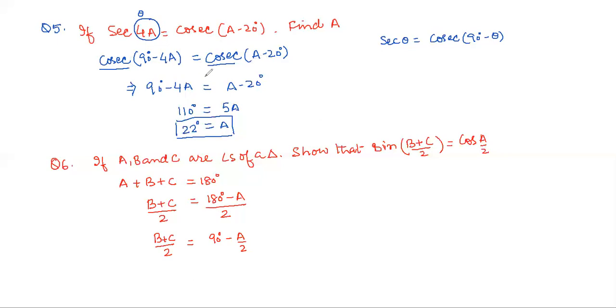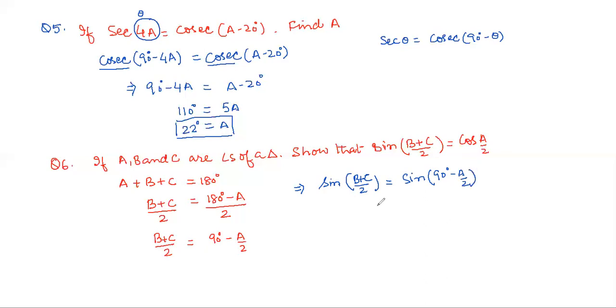And if the angles are equal, that means if I take both the side the same trigonometric ratios, they will become equal. So both the side I am taking sine, then even they will remain equal because both the side I am taking the same trigonometric ratio, sine 90 minus A by 2.